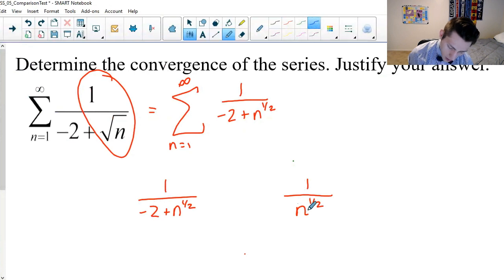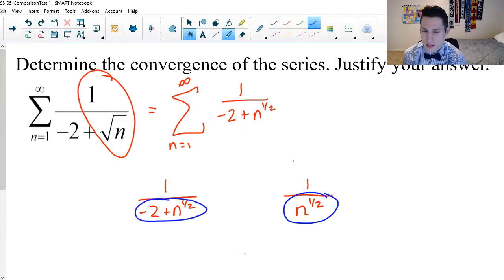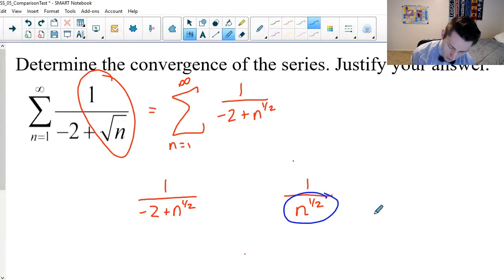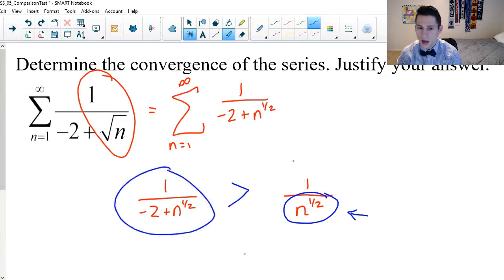Okay, well, we have n to the 1/2 over here, and then we have n to the 1/2 minus 2. So this denominator would be larger, right? But if that denominator is larger, then when I take the reciprocal, this entire fraction is larger than the right side.